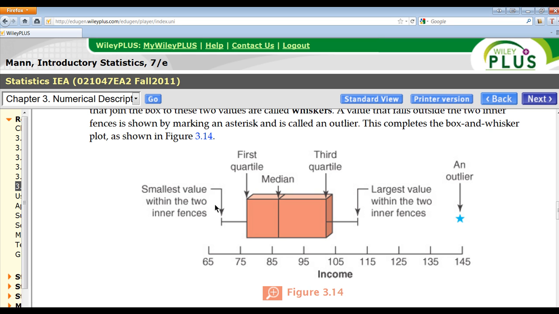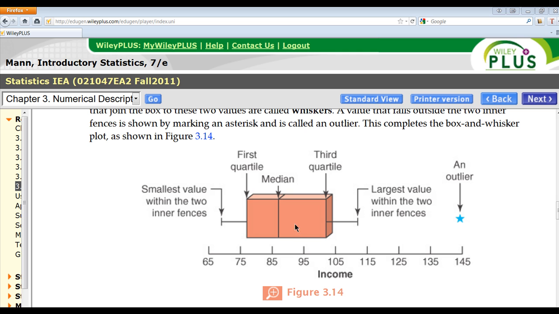And this is the smallest value within the 2 inner fences. Okay, so anyway, this is called a Box-and-Whiskers diagram, and it's supposed to give you an idea of how the data exists, or how it lies, or we say how it's distributed.